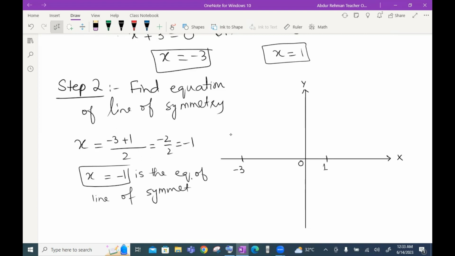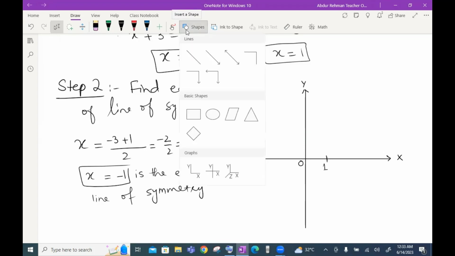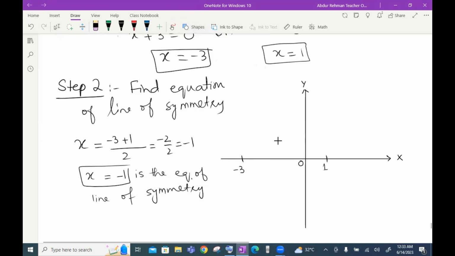I'm going to draw the line of symmetry here, which passes through x equals minus 1.